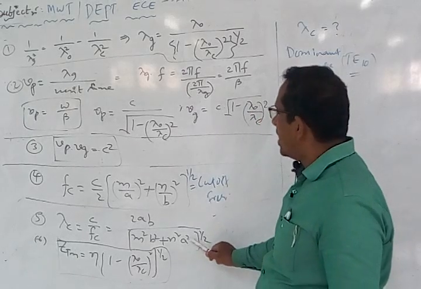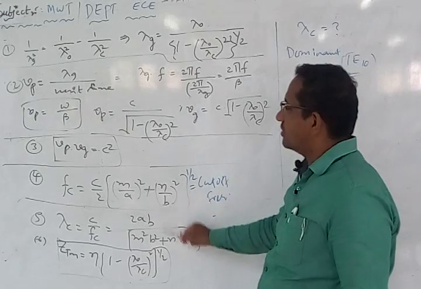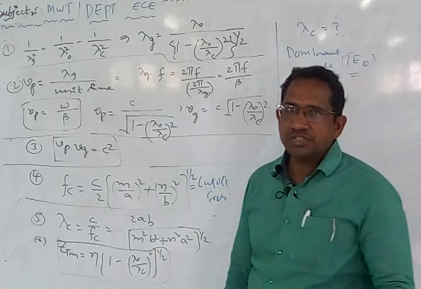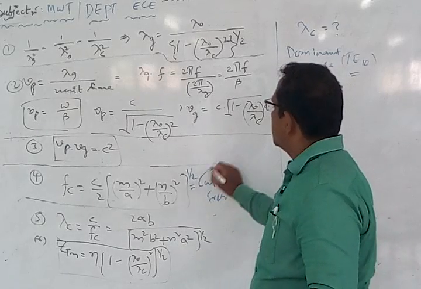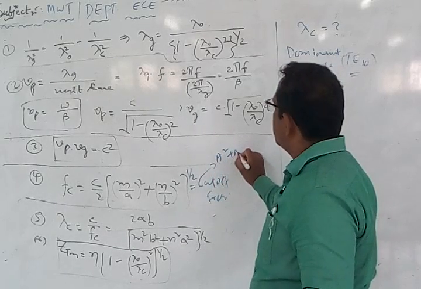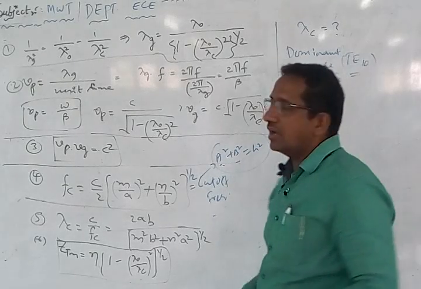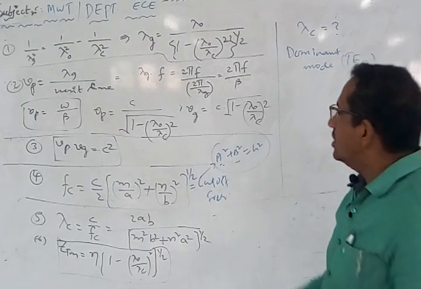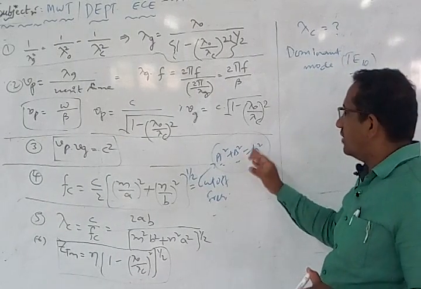This formula is derived from fc, and in the previous class we derived this from the propagation constant. How did we derive it? h square is equal to a square plus b square. While deriving the equation for a wave propagating through a rectangular waveguide, we got this relationship, which I can equate to gamma square.